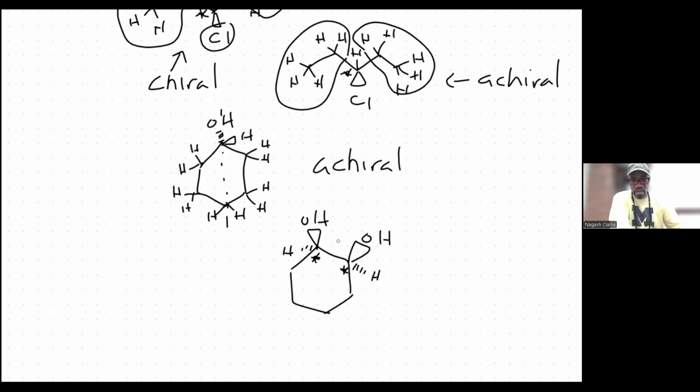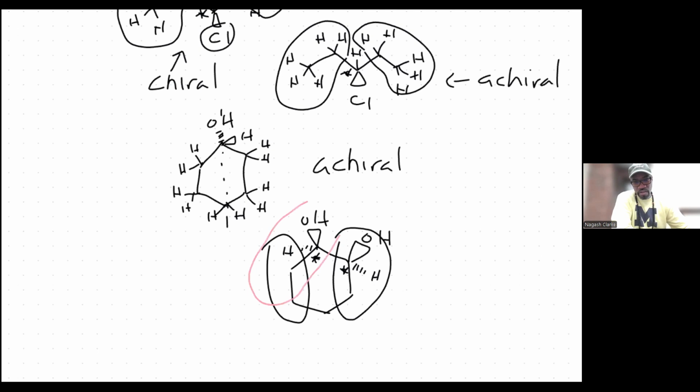So this side compared to this side, they're two different sides. One has an OH, one doesn't. So that's chiral. And we can do the same thing with this carbon. This side looks different than this side. Okay. All right, so there are two chiral carbons there.